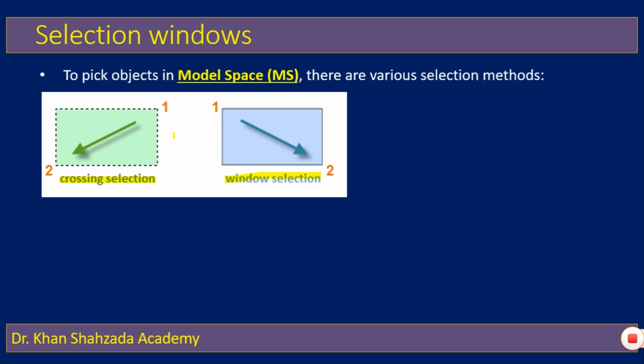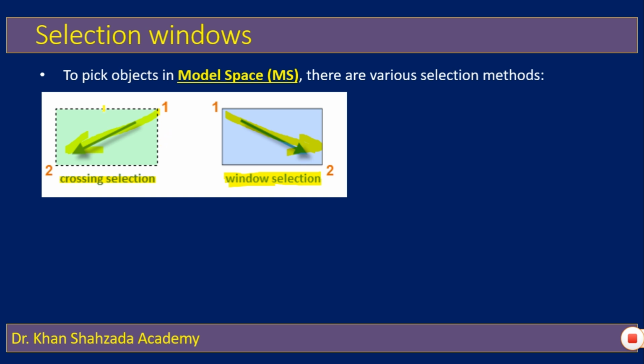In window selection, if you want to select an object in your drawing area, you must click on the left side of that object and then drag your mouse to the right side. However, if you click on the right side of the object and then drag to the left side, then crossing selection will start and the objects will be selected accordingly.